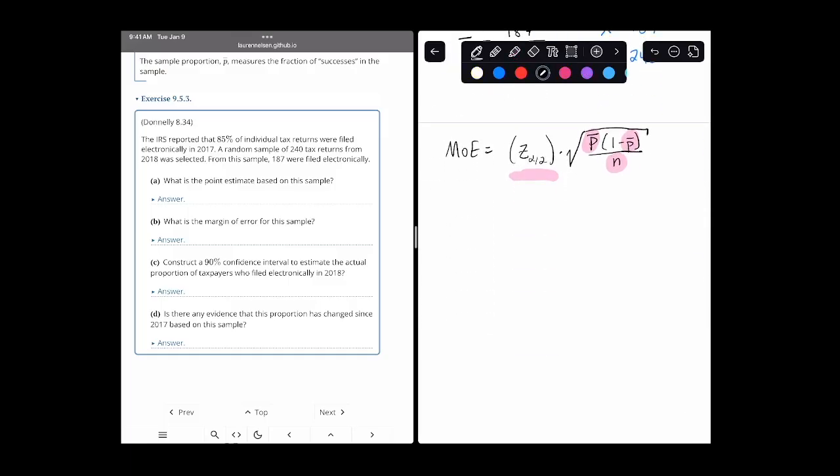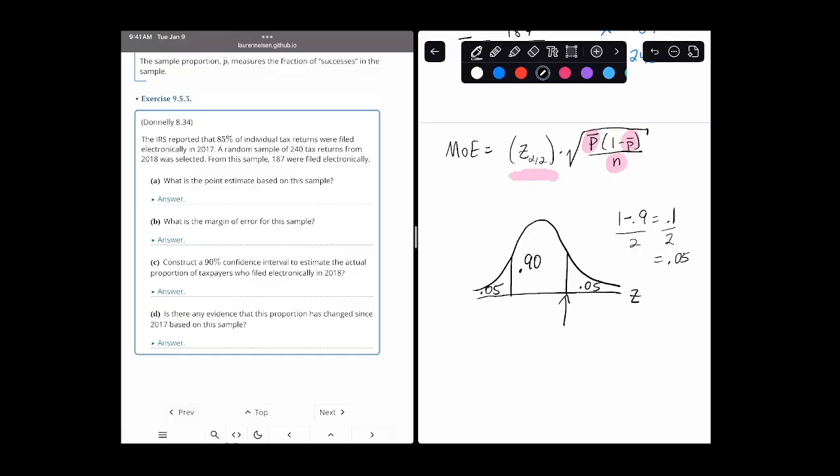If we look down to part C, we're going to be making a 90% confidence interval. So we want the z value for a 90% confidence interval. That means our alpha is 0.1, so the area of both tails adds up to 0.1, so alpha over 2 should be 0.05. Each tail has an area of 0.05.